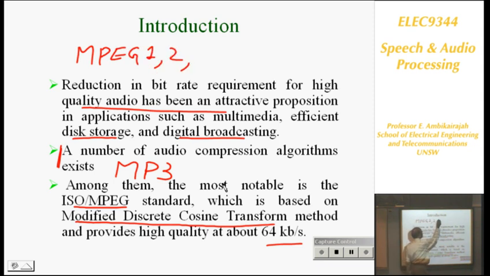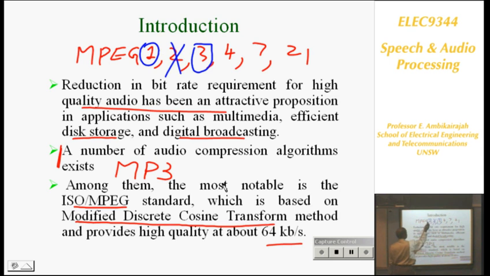1, 2, 3, 4, 7, and 21. There are many MPEG, and the famous ones initially started as MPEG 1, MPEG layer 1, and MPEG 2 is not there. Then MPEG 3, I think MP3 is layer 3 of MPEG, and then 7 is the next one, and also 4 is the advanced audio coding technique, which gives you 64 kilobits per second and uses a noise shaping technique.